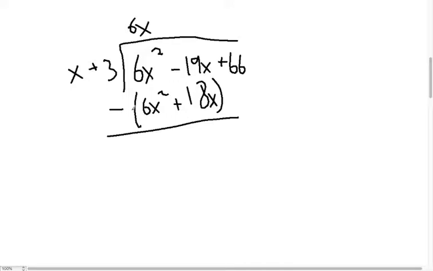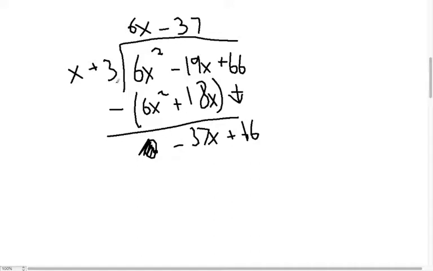Once you have that, you distribute the negative and solve. So this would give you 0, which you disregard. And this would give you minus 37x. Once again, we bring down the plus 66 and keep going. So x would go into minus 37x minus 37 times.